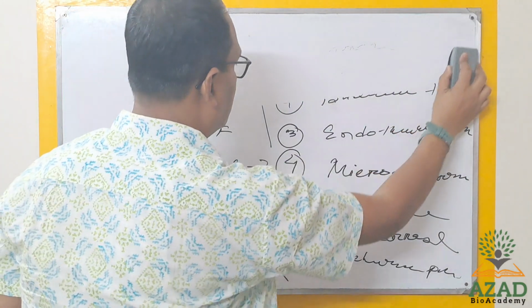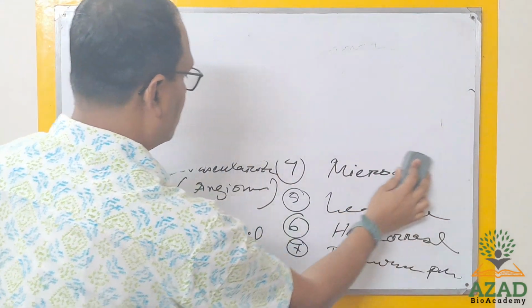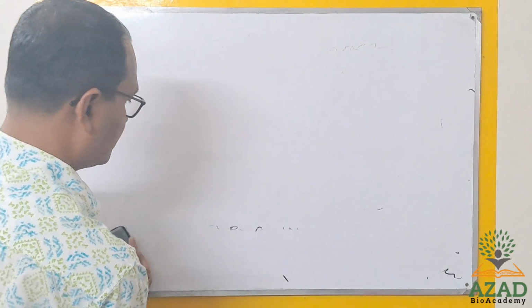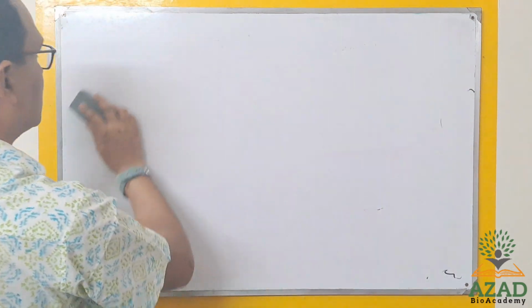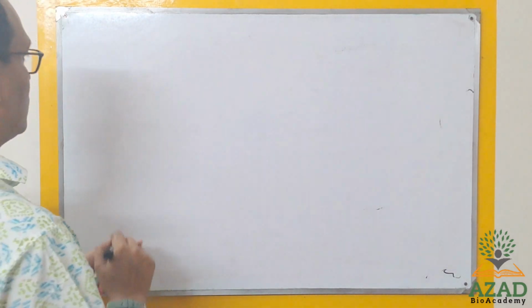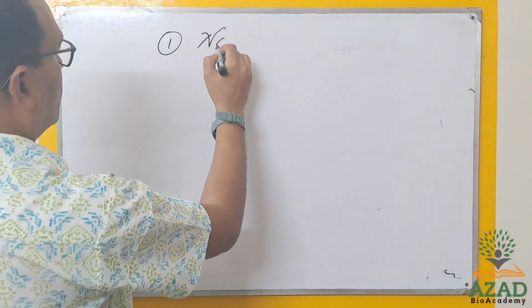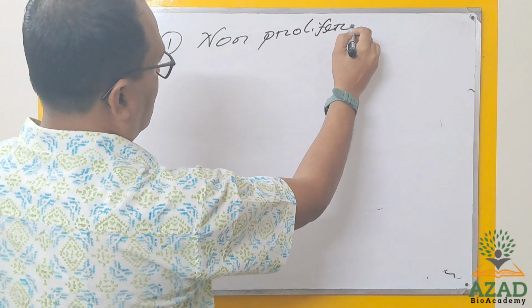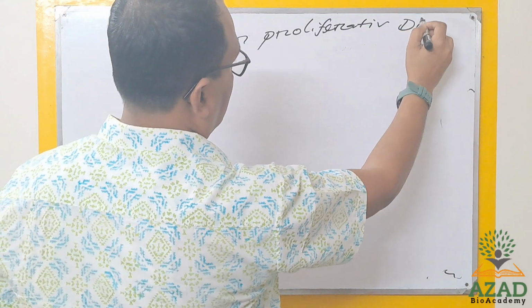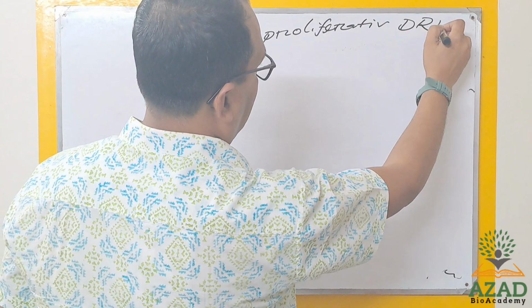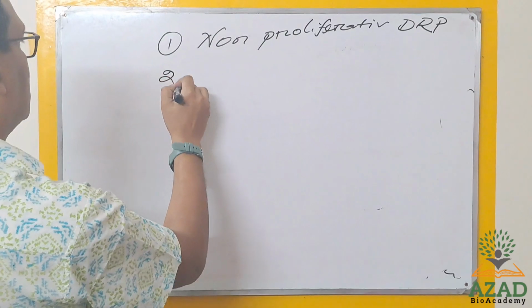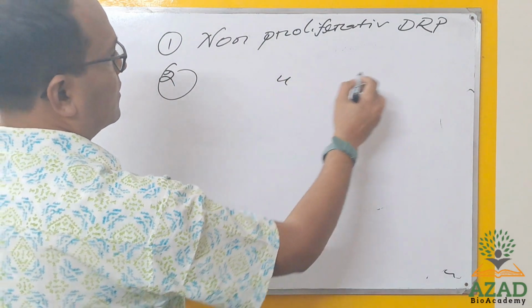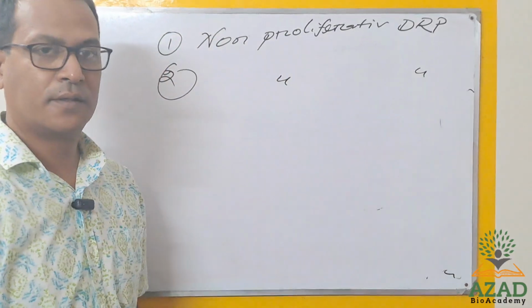Diabetic retinopathy is of two types. One is non-proliferative diabetic retinopathy, and another one is proliferative diabetic retinopathy.